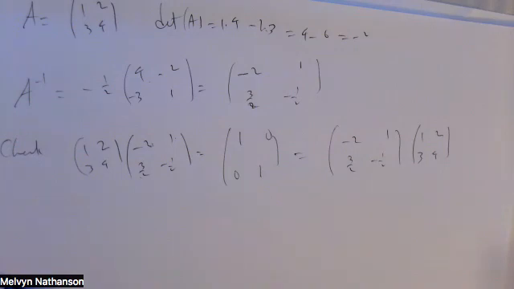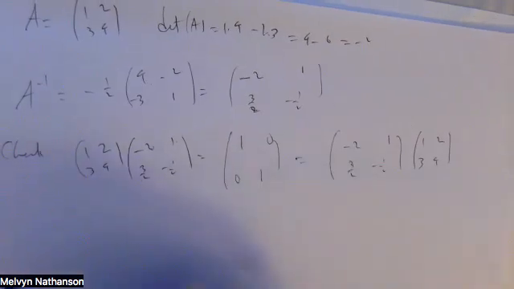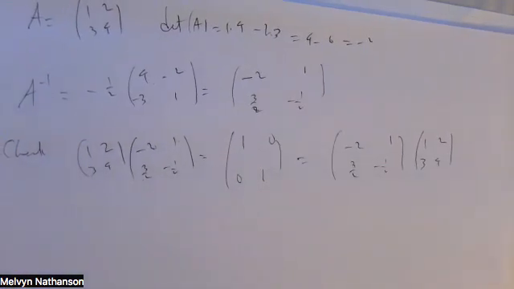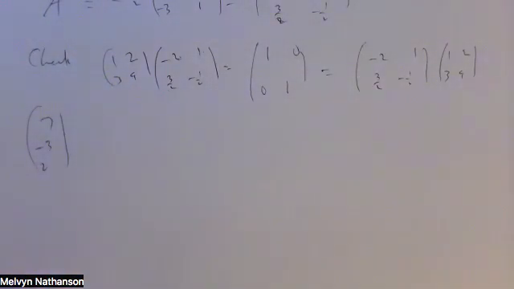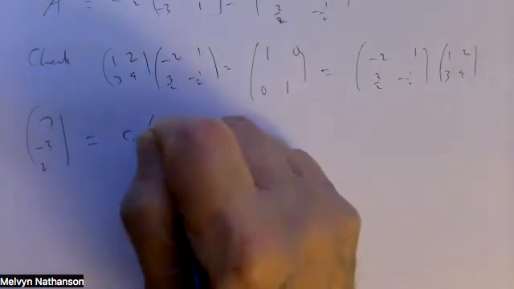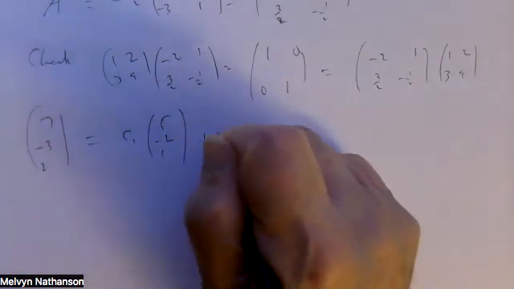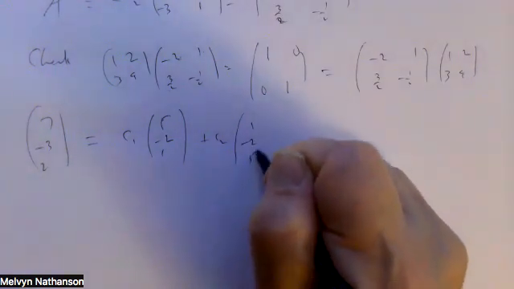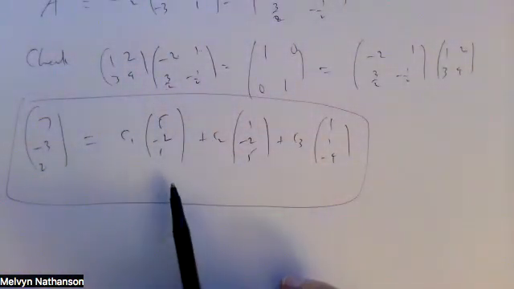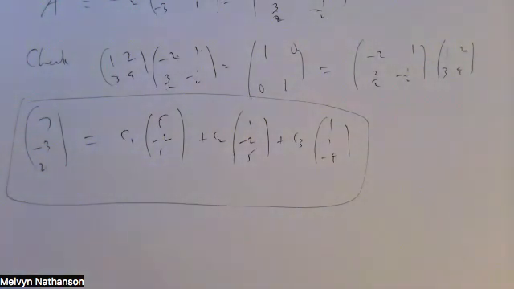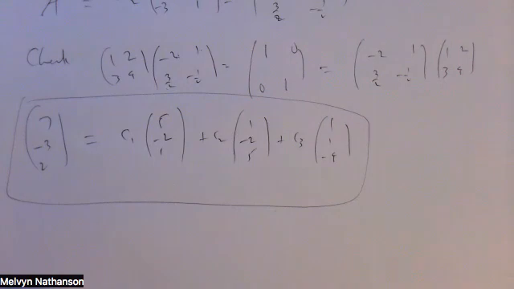Number 5 says to find two representations of the vector [7, minus 3, 2] as C1 times [5, minus 2, 1] plus C2 times [1, minus 2, 5] plus C3 times [1, 1, minus 4]. You said the scalars C1, C2, C3 are 1, 1, 1, but I got different.